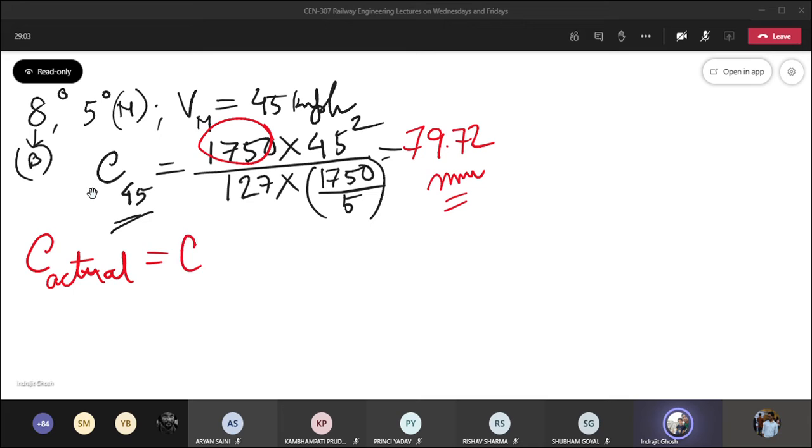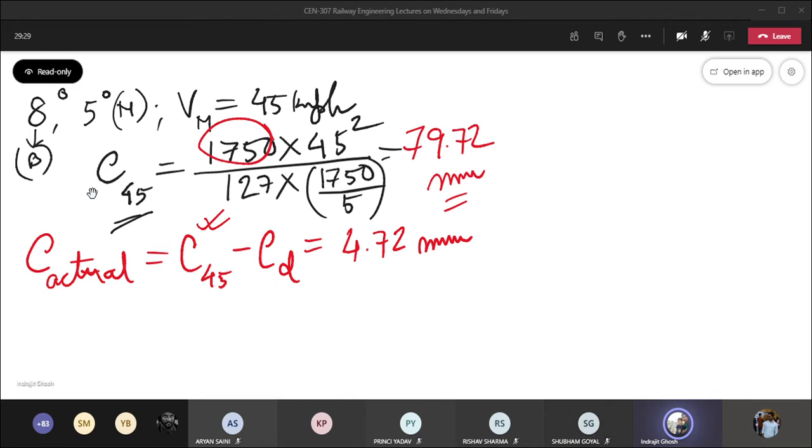Cant for 45 minus cant deficiency. So cant for 45 km/h is 79, and you are saying it is 75. So how much do we have? 4.72.